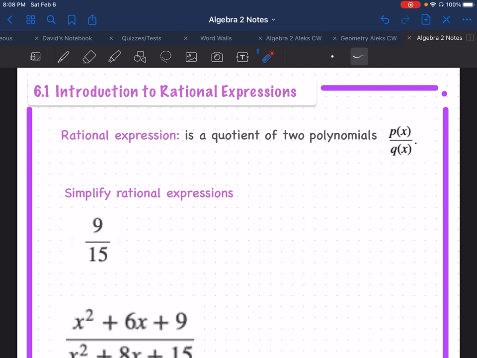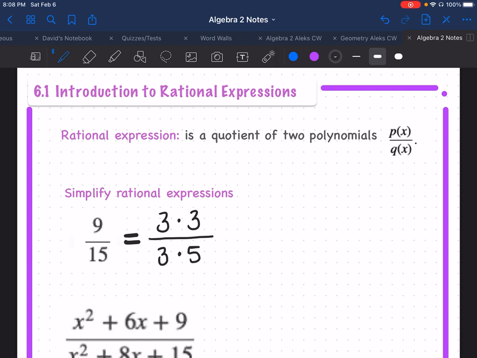like factors. Let's go ahead with sticking with something that we know, and let's simplify a fraction, like 9 over 15. So I can take my fraction, 9 over 15, and I can think of it as 3 times 3 in the numerator. 3 times 3 is 9. And in the denominator, I can think of 15 as 3 times 5.